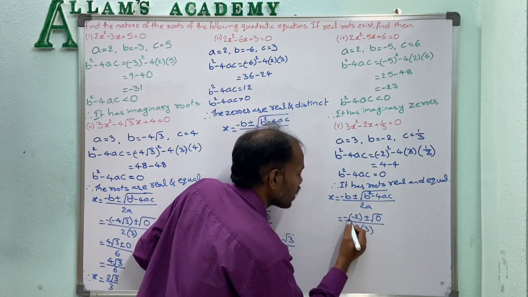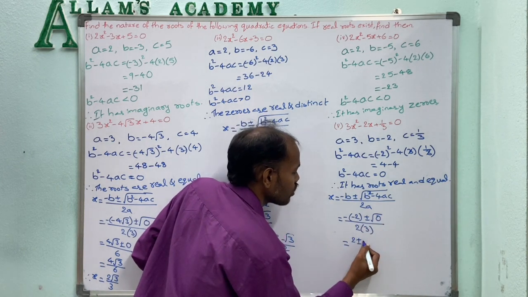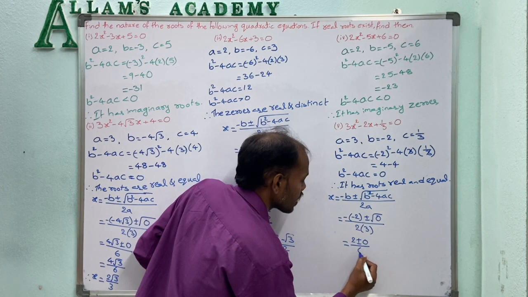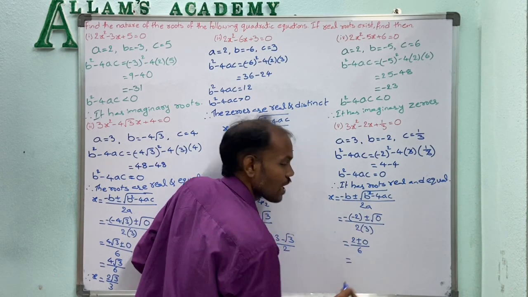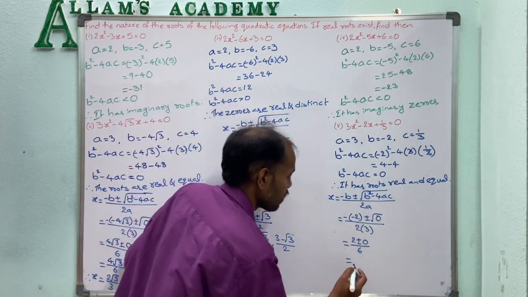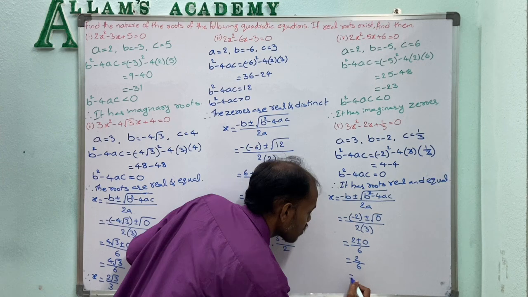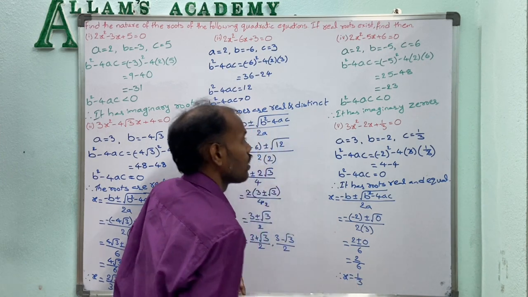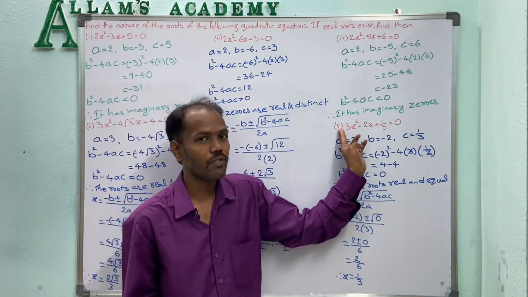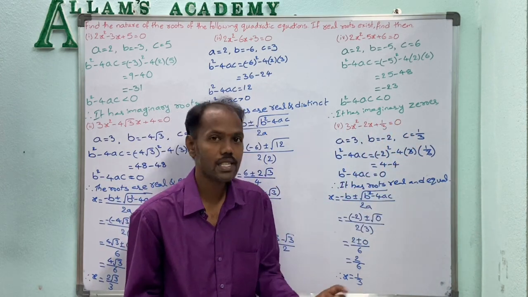So 2 into 3, minus of minus 2 is nothing but 2, plus or minus root 0 means 0, by 2 into 3 is 6. 2 plus or minus 0, so adding or subtracting 0, that number only comes, that is nothing but 2. 2 by 6, 2 ones are 2, 2 threes are 6, that is 1 by 3. Therefore, the root of the quadratic equation 3x square minus 2x plus 1 by 3 equal to 0 is 1 by 3.